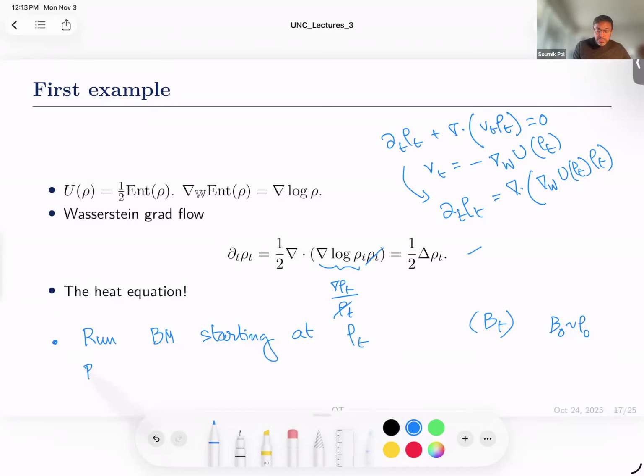And then the law of B_t at time t, this is ρ_t. So all these particles at time 0 are following independent Brownian motions. And I'm measuring them again at time t, and I'm saying, what is their law? Well, that's ρ_t. That's the marginal flow of this Brownian motion. ρ_t is the solution of the Wasserstein gradient flow of entropy.